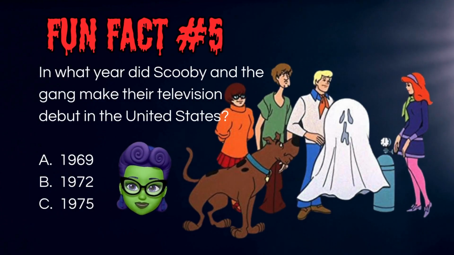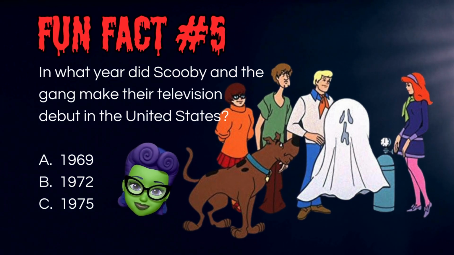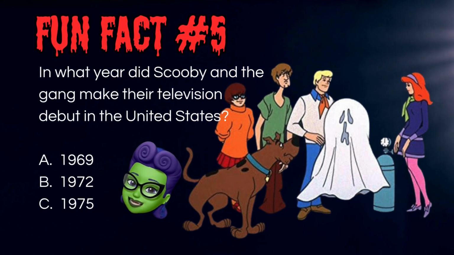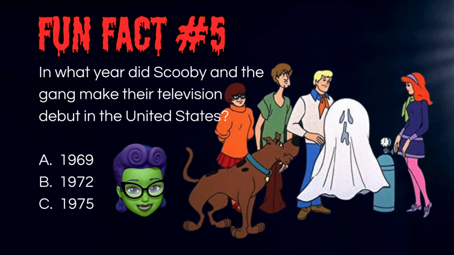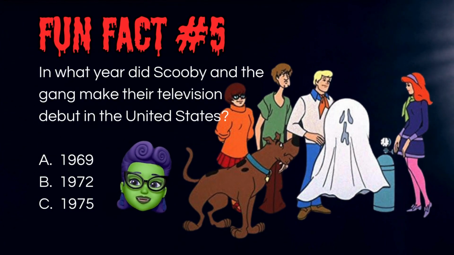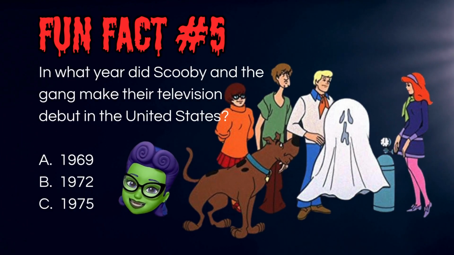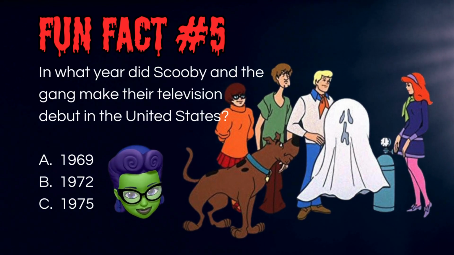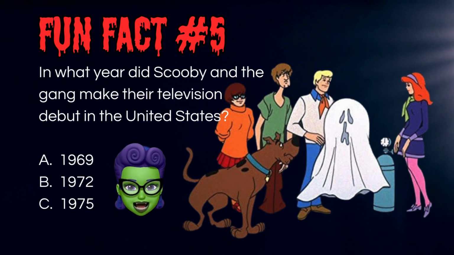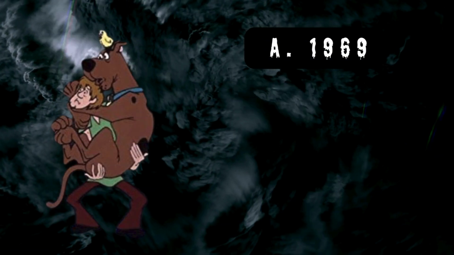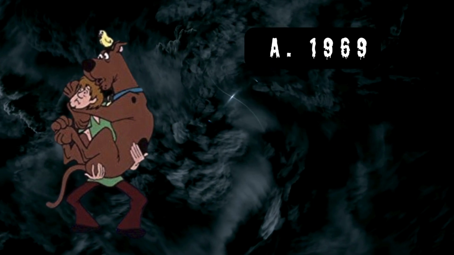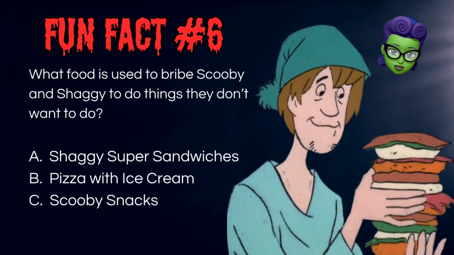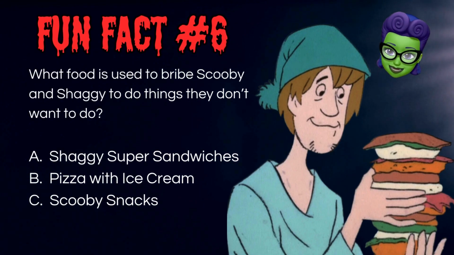In what year did Scooby and the Gang make their television debut in the United States? Was it A, 1969, B, 1972, or C, 1975? So we all know that Shaggy and Scooby love to eat.